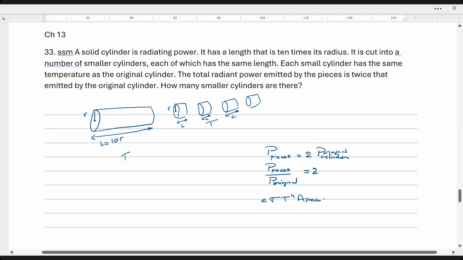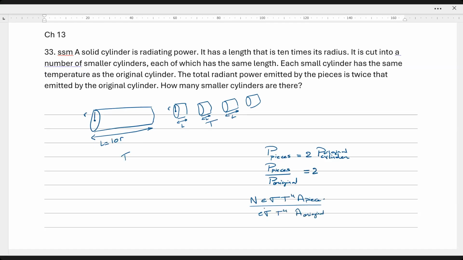Now here we have n pieces and each one has an area A. So I'm going to write down the power of the pieces to be equal to E sigma T^4 times the surface area of one piece, multiplied by n because we have n pieces. For the original cylinder, I will have E sigma T^4. I wrote T for both the pieces and the original cylinder because the temperatures are the same. And the area, I will write it as A of the original cylinder.